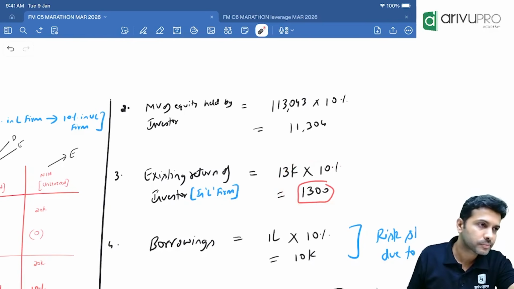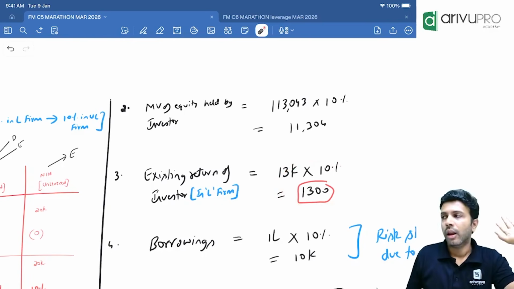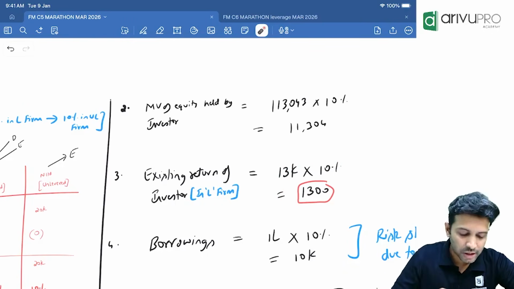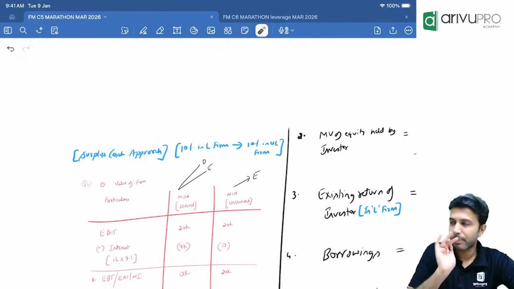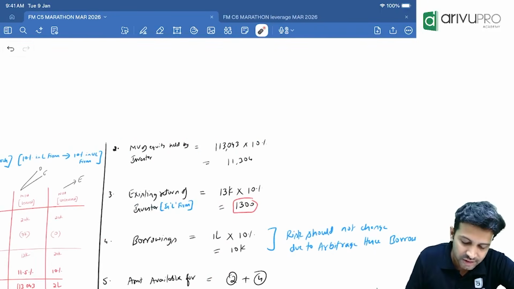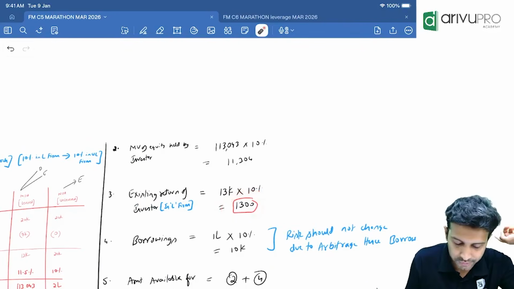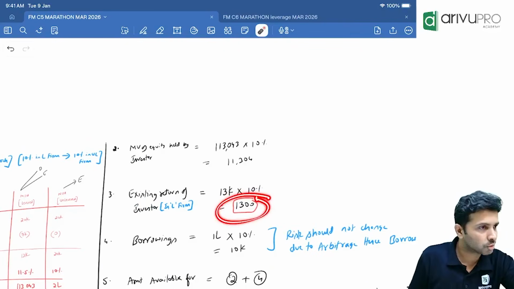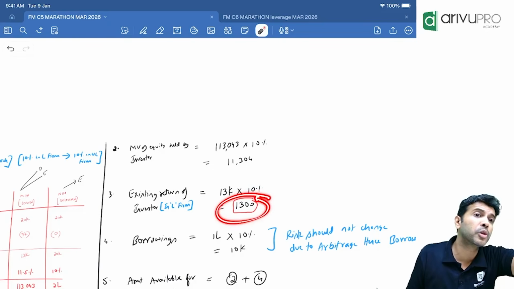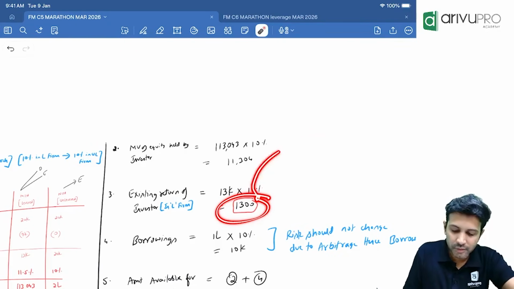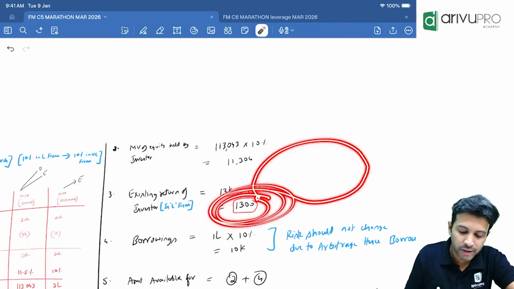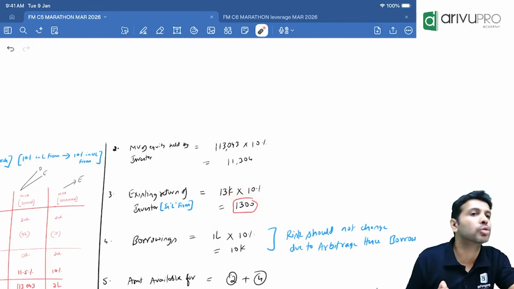Okay, sir. Comfortable? Now which arbitrage are we doing? Surplus cash approach. In the surplus cash approach, if your existing return is 1,300, listen to this carefully. When you shift over to which firm? Now you are going from levered to unlevered firm. Even when you shift from levered to unlevered firm, your returns should still be how much? 1,300.